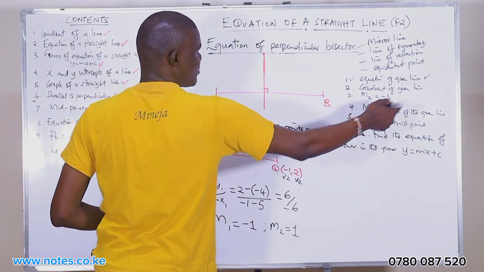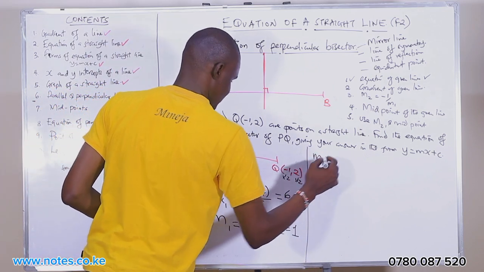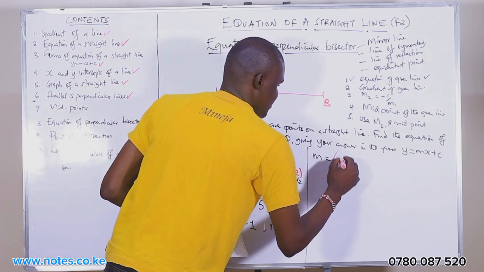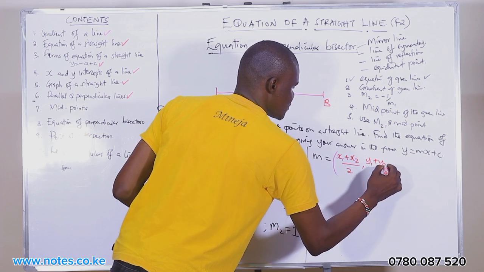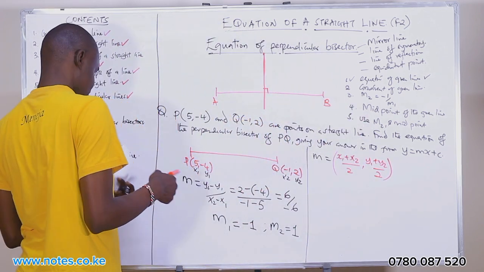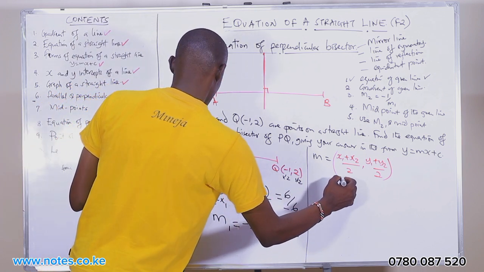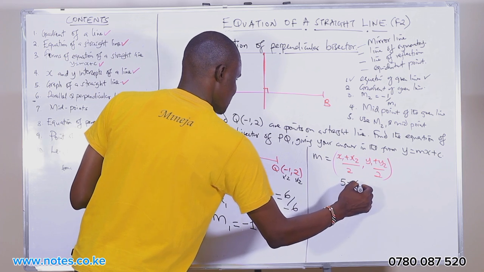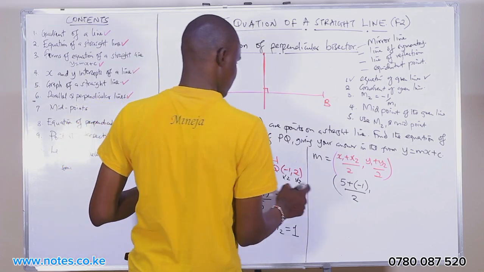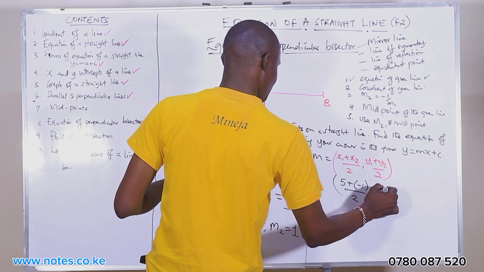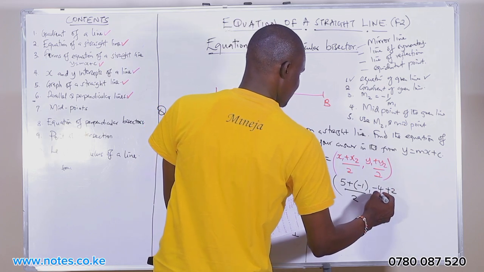After getting that, can we get the midpoint of the line? We said to get midpoint, the formula is (x1 plus x2 over 2, y1 plus y2 over 2). That is it. So we replace: x1 is 5 plus x2 -1 over 2, comma, y1 -4 plus y2, that is 2, over 2.